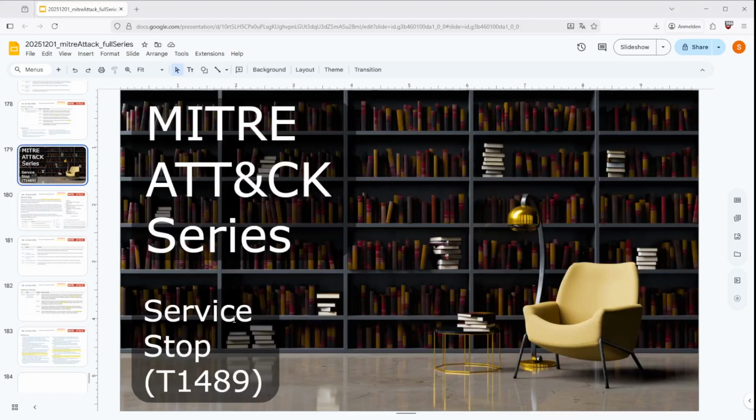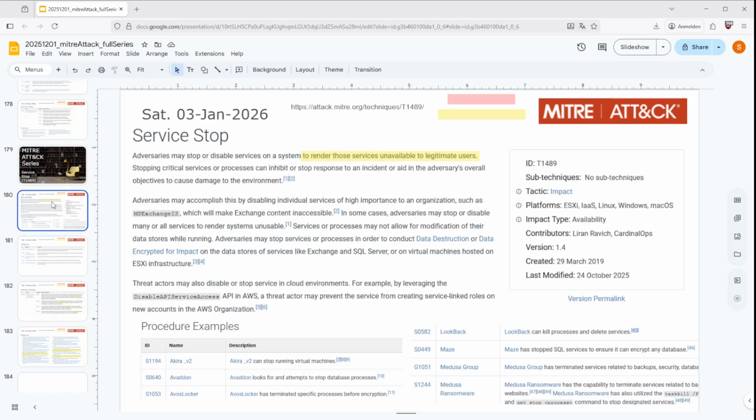So we now looked at service stop, a simple technique, but nonetheless often forgotten. Start with the simple things and then move on to the more complicated stuff. It is in the impact step of the kill chain. We understand a little bit what it is, what the goal is: just render services unavailable to legitimate users.